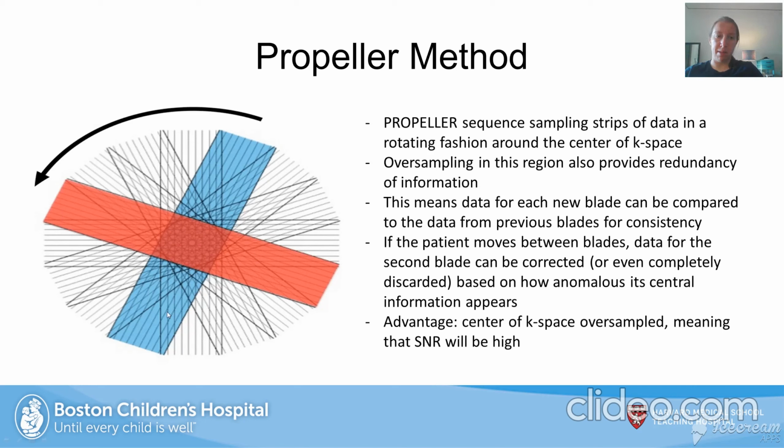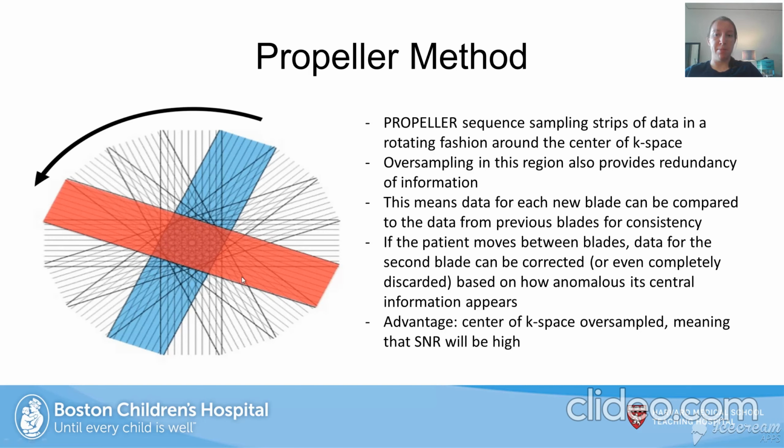This is K-space here, and this is how they're filling K-space, in a radial fashion. The propeller sequence samples strips of data in a rotating fashion around the center of K-space. So there's going to be some oversampling here, and the oversampling in this region also provides redundancy of the information. This means that data for each blade can be compared to the data from previous blades for consistency.